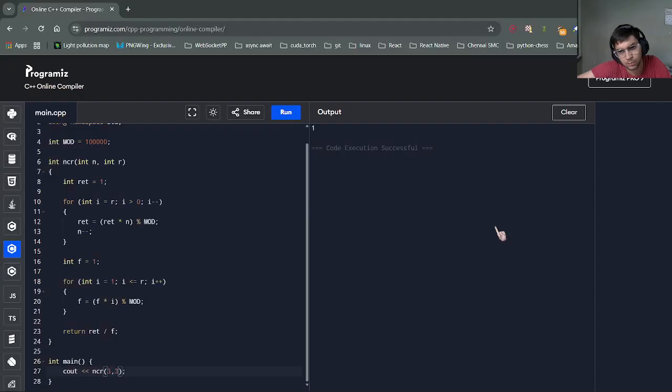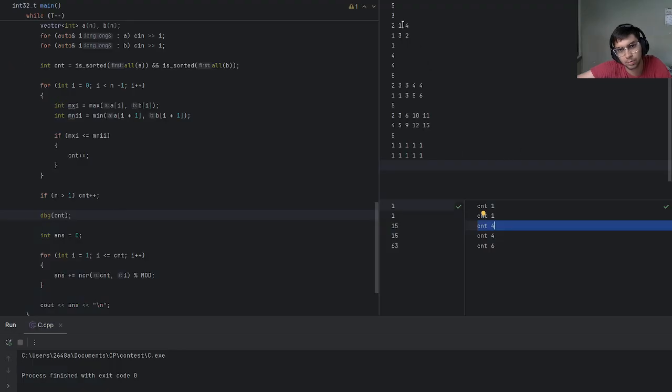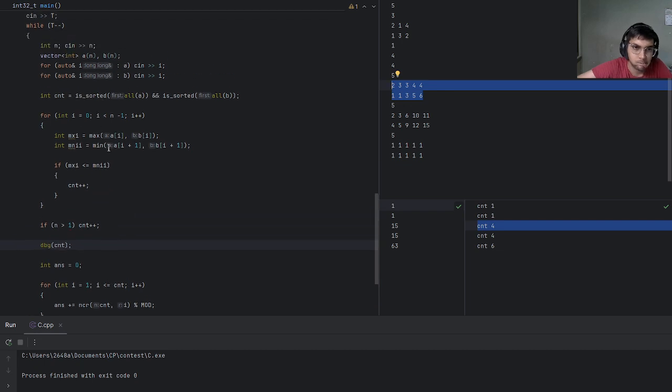Okay, we are getting four. Why are we getting four? For the third test question, we shouldn't be getting four, we should be getting one. We need to add this in the end, not at the start.